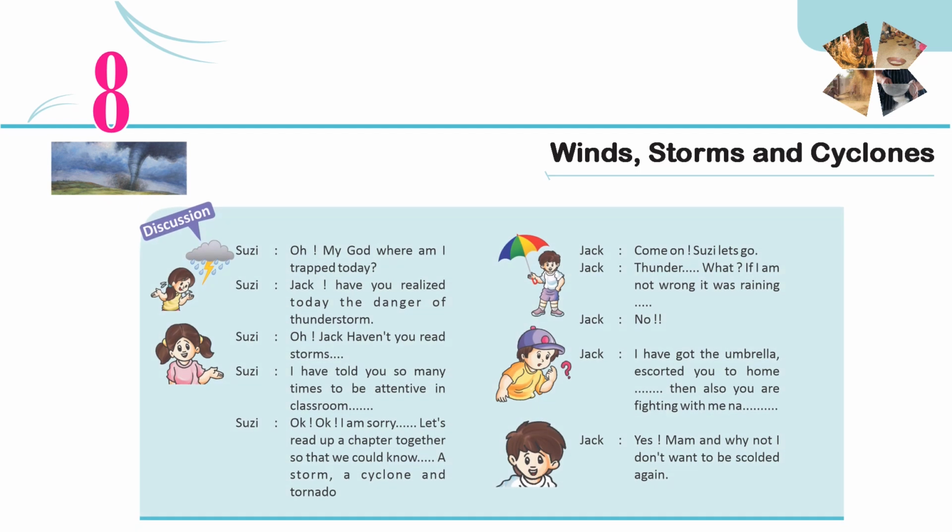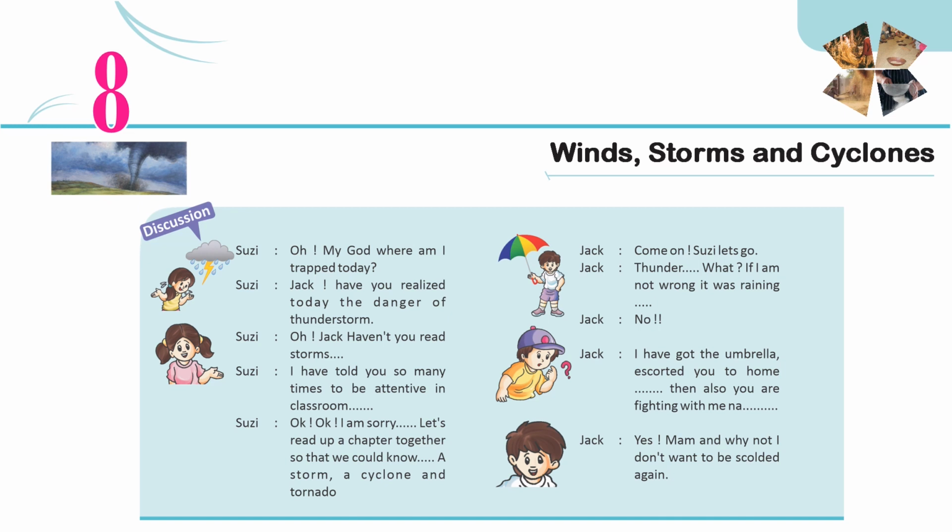Discussion. Susie: Oh my God, where am I trapped today? Jack: Come on, Susie, let's go. Susie, Jack: Have you realized today the danger of thunderstorm? Jack: Thunder what? If I am not wrong, it was raining.